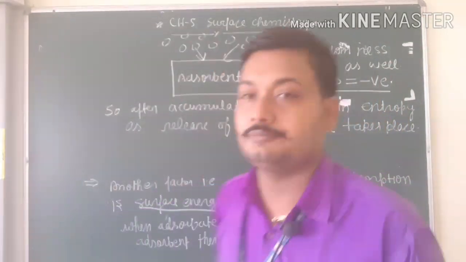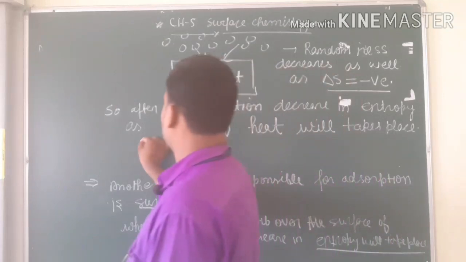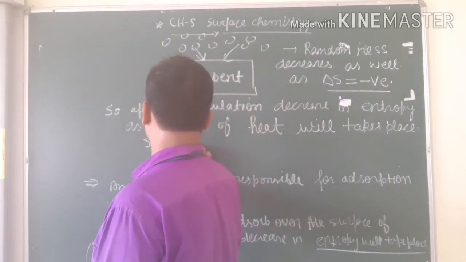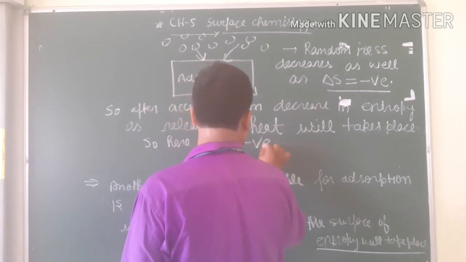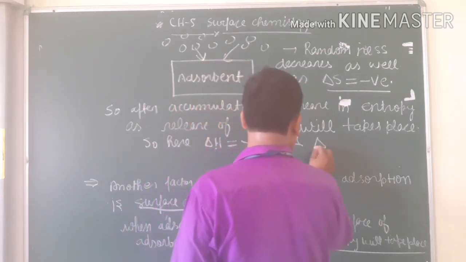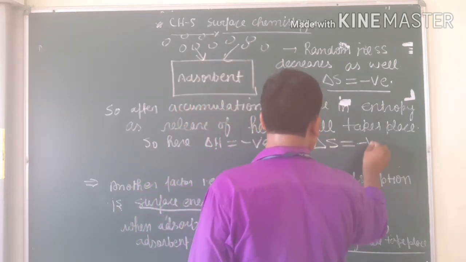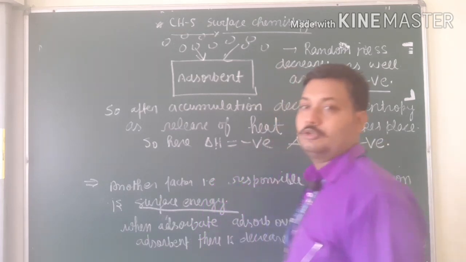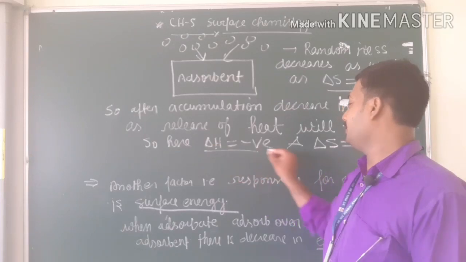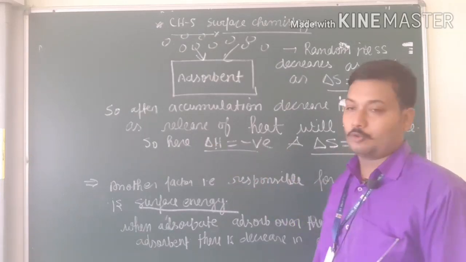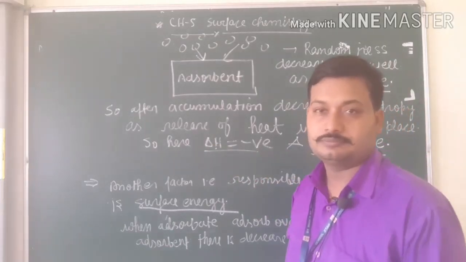So here delta H is negative and delta S is also negative. Both enthalpy as well as entropy are negative.